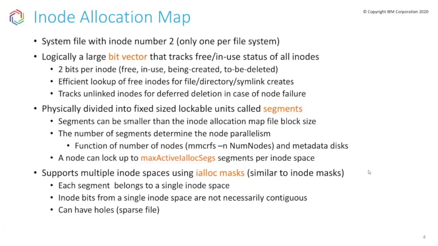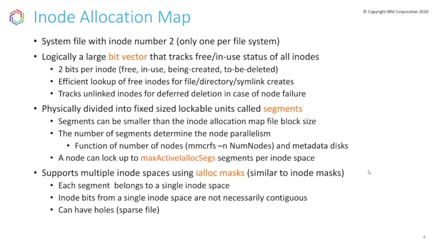So the way we achieve this is that we break the inode allocation map logically and also physically into smaller units called segments, and the segments are the unit of locking when we want an inode to look up this inode allocation map.